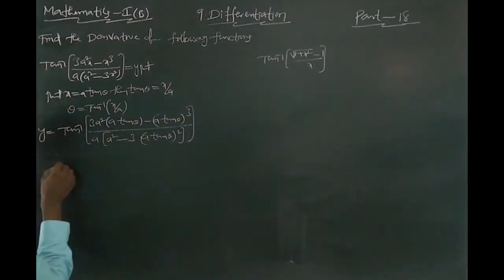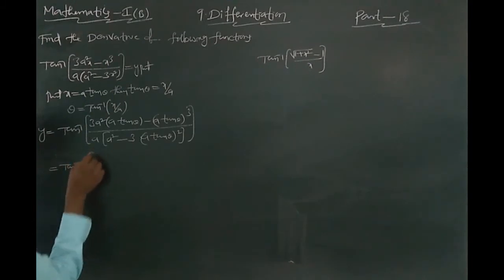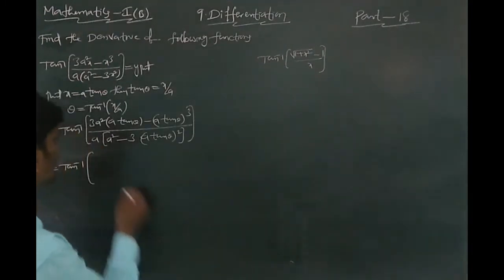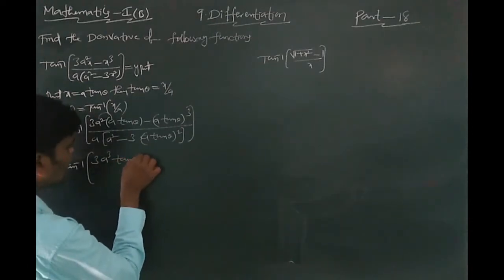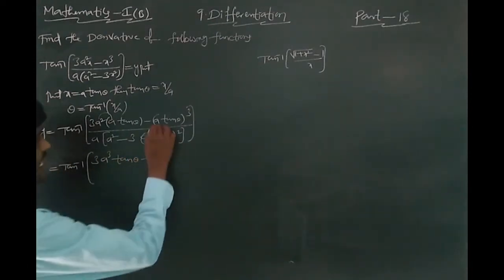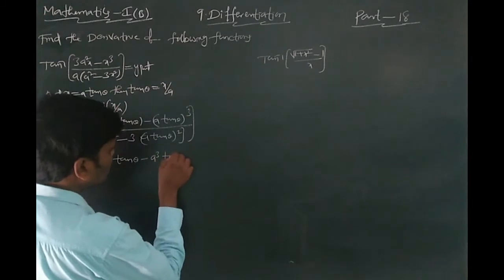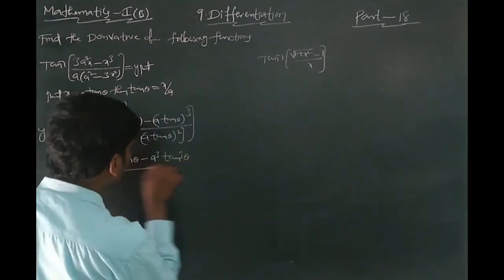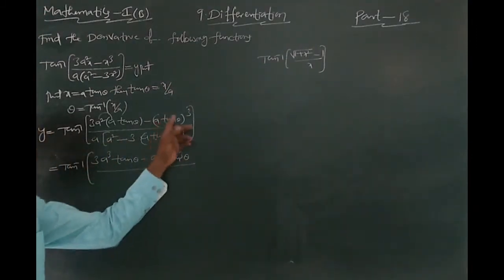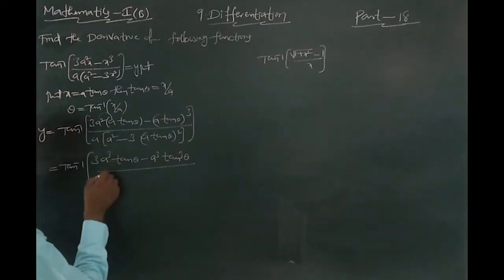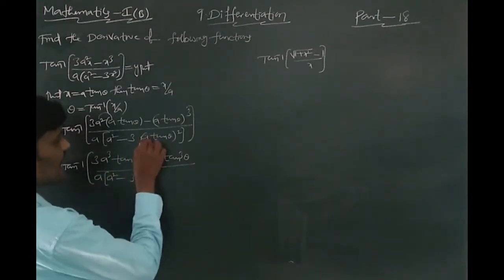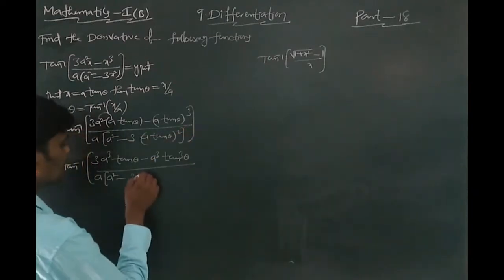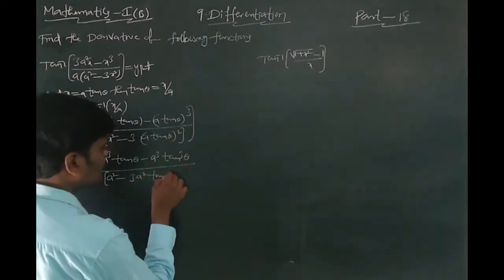Okay students, after that tan inverse of 3a square into a cube into tan theta minus a cube into tan cube theta over, you can separate the power, a into a square minus 3 a square into tan square theta.